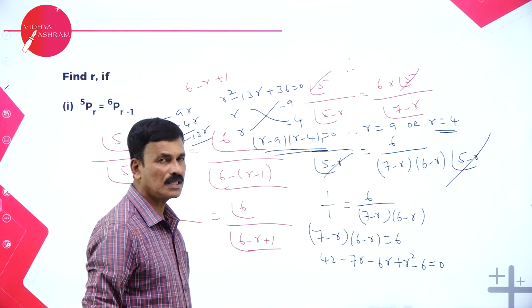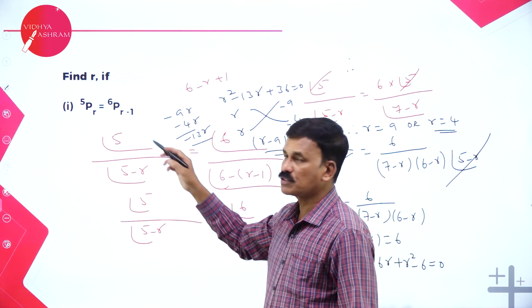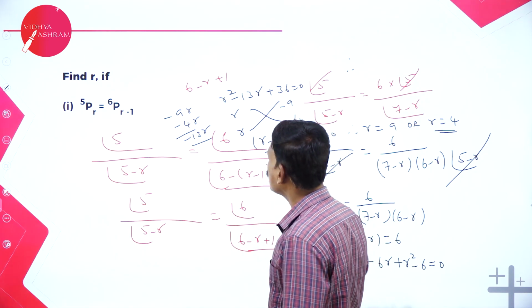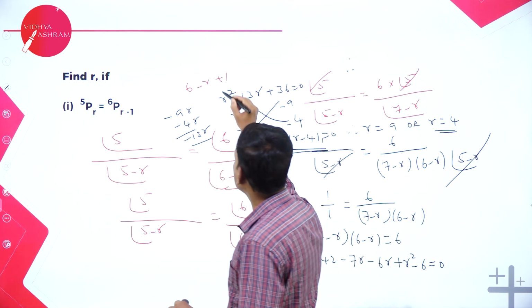Now here, since n is equal to 5, R should be less than or equal to n. So that means we cannot take R is equal to 9, because 9 is greater than 5. Therefore R is equal to 4.